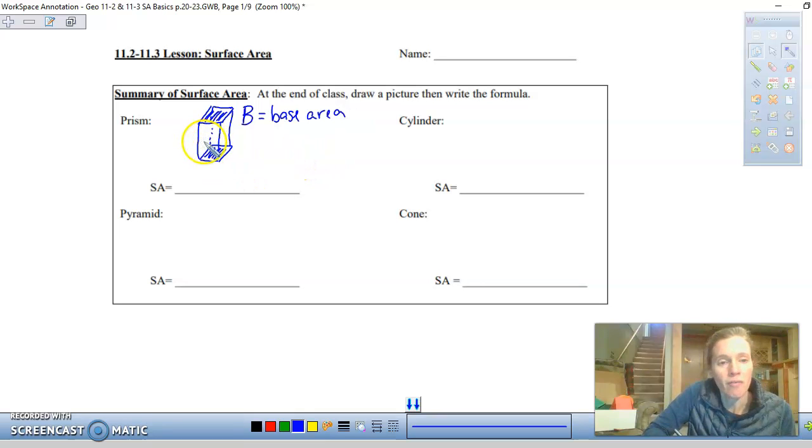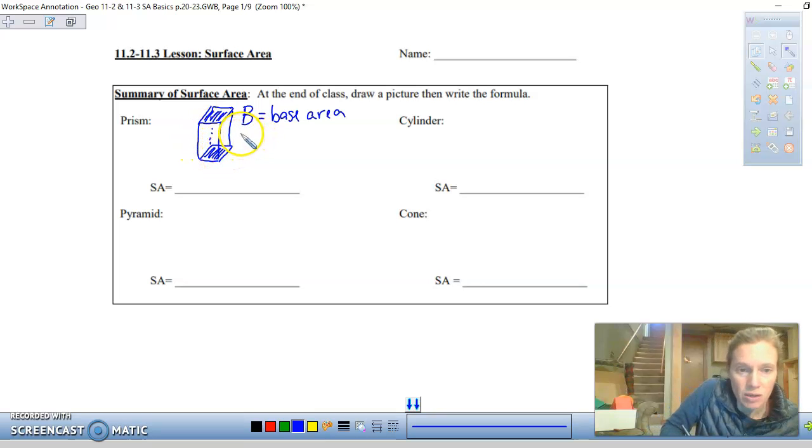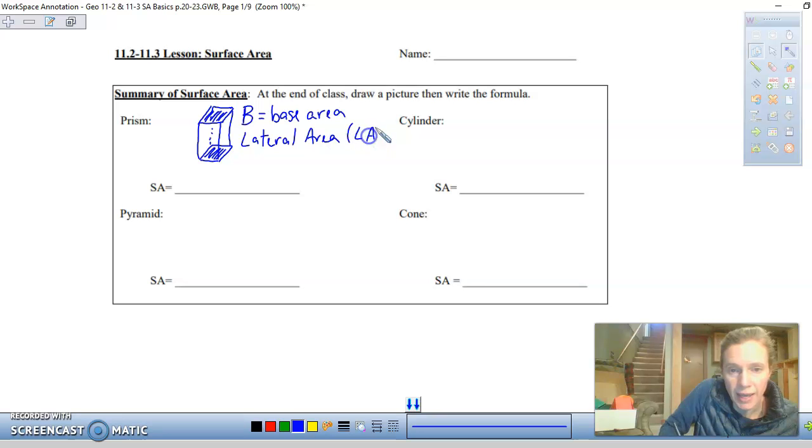Okay, and then you have all of the rectangles around the outside, and that's called the lateral area. So the lateral area, or sometimes just called LA, would be all of those rectangles.